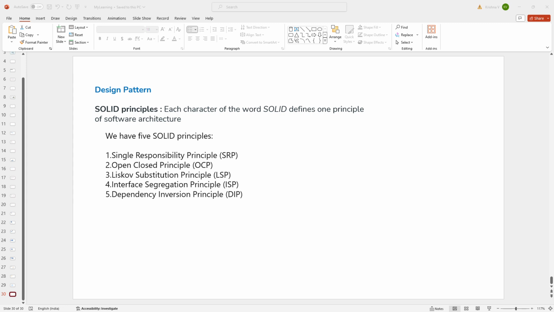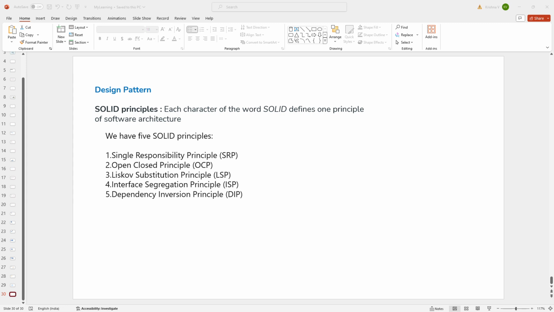And the other principle is dependency inversion. According to the dependency inversion principle, low level modules can easily be swapped out for other low level modules without high level modules being affected.